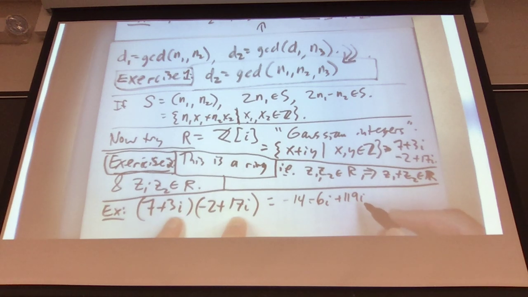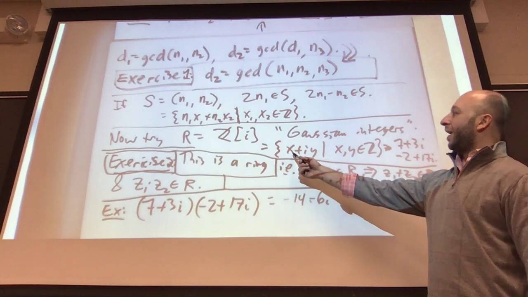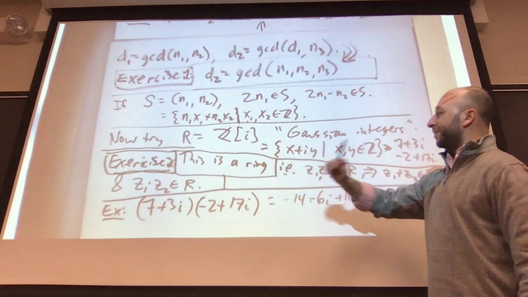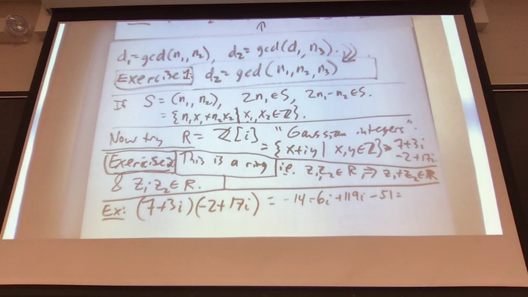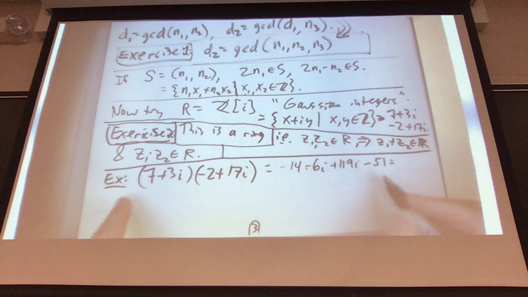And now what? 3 times 17 is 51. i squared is minus 1, so this is minus 51. Okay, that's the magic. That's the thing that makes this a ring. How about linear polynomials? Do linear polynomials form a ring? Let's finish this example.